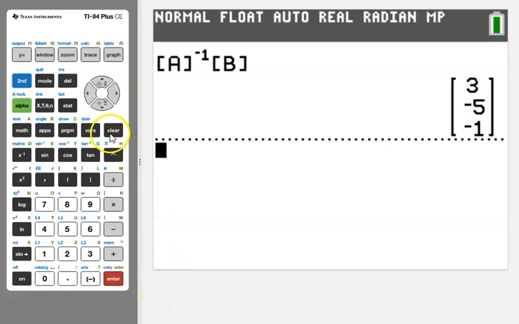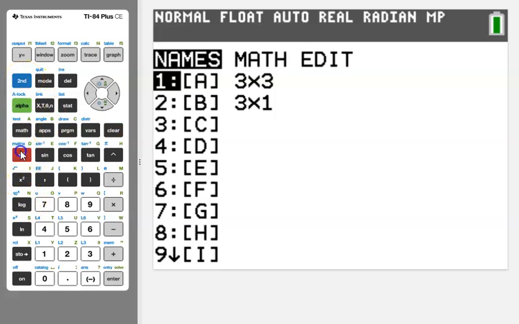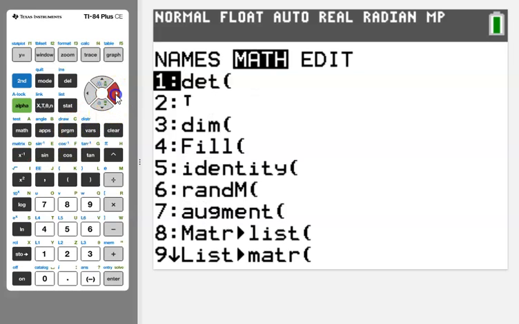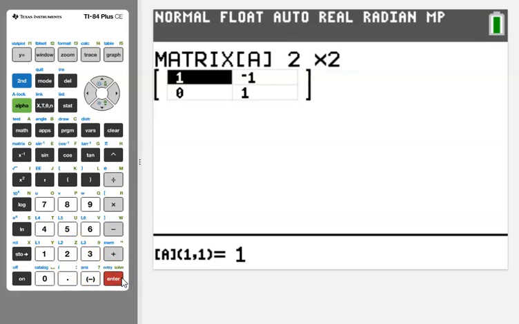I'll go ahead and clear this out, and then I'm going to type in the first matrix. Second matrix, edit 1. This is a 2 by 2, so 2 enter for my dimensions. The first one is negative 1/2. Now you can use alpha y equals enter if you have this calculator.